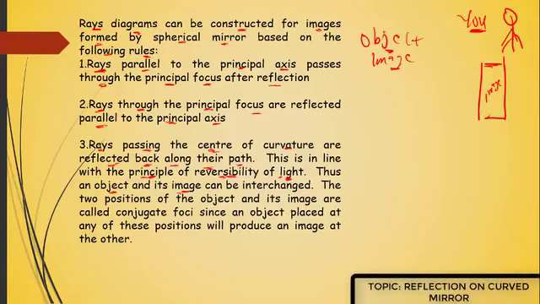Additionally, the two positions of the object and the image are called conjugate foci. The reason is that when the object is placed at any of these positions, it will also produce an image corresponding to the other.